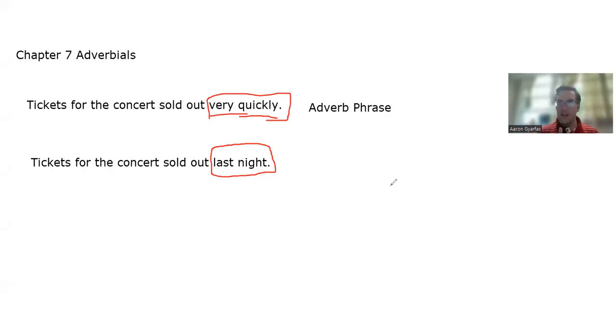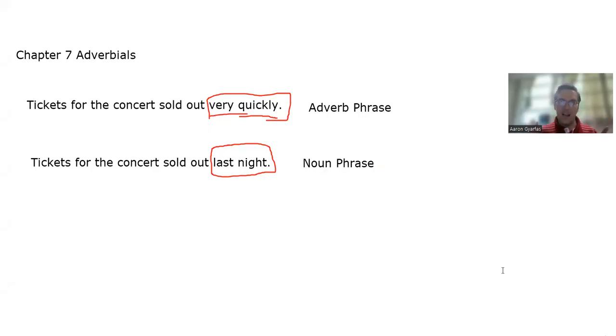If we can identify our types of phrases, we know that this is not an adverb phrase. Night is a noun. So last night is actually a noun phrase, but it's still performing the same function. It's modifying the verb sold out. In this case, it's telling me when something was sold out.